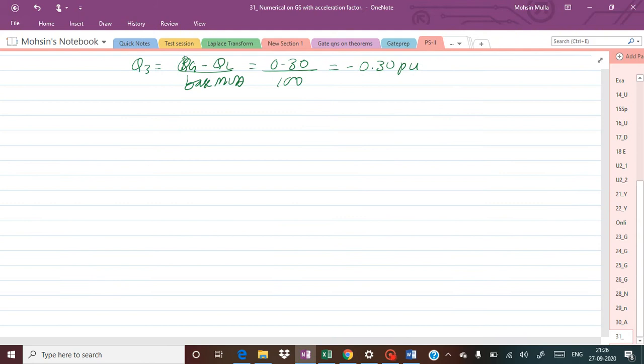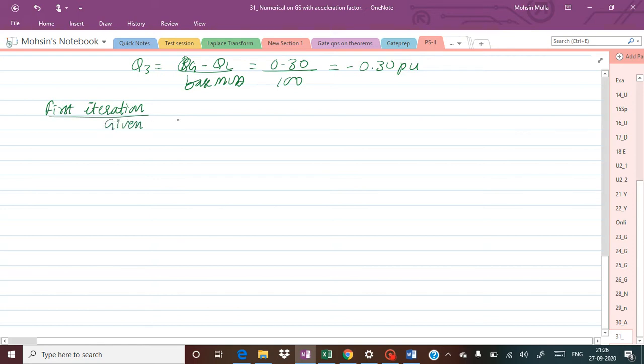Okay, so I will first write it here. First iteration. For the first iteration, we already have to write what the given information is.